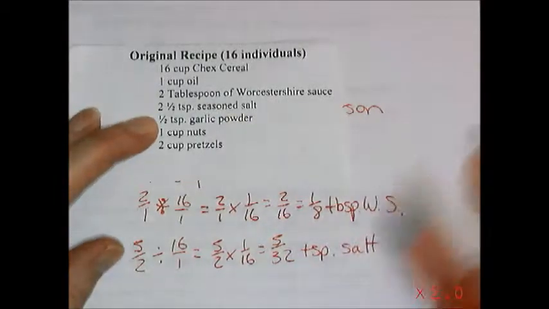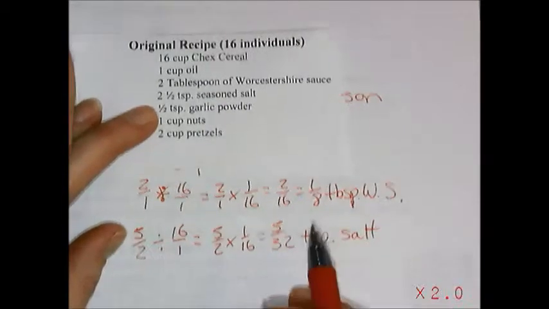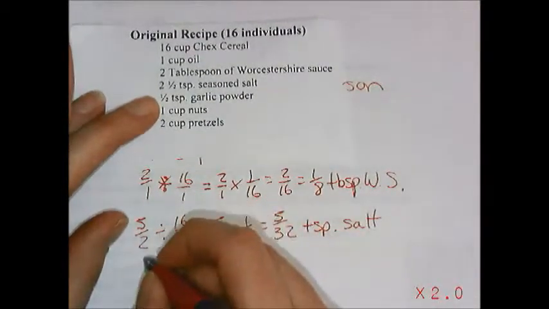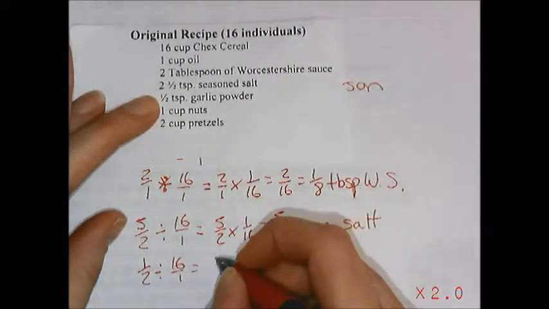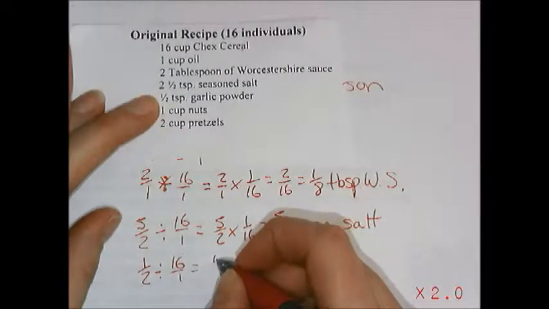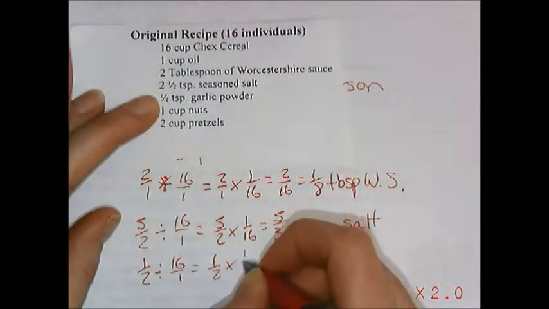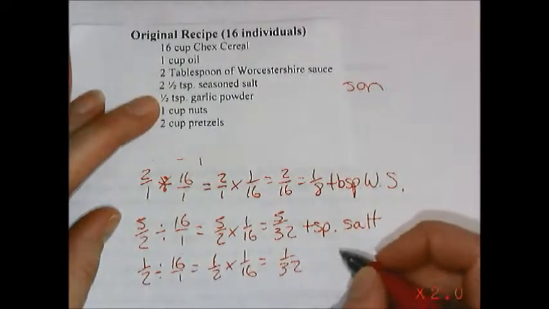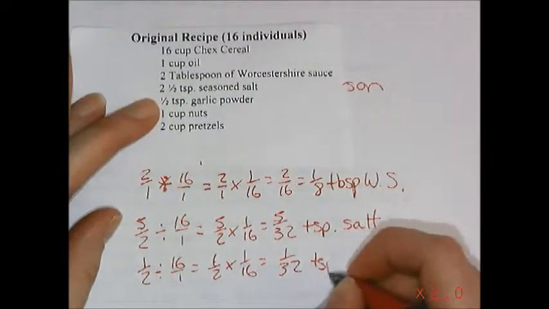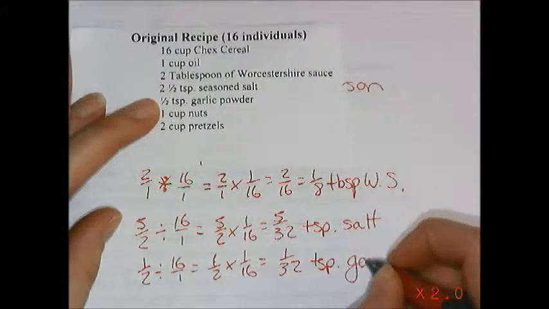And then I have a half a teaspoon of garlic powder. So 1/2 divided by 16 is, again, stay, switch, flip. I get 1/32 teaspoon of garlic powder.